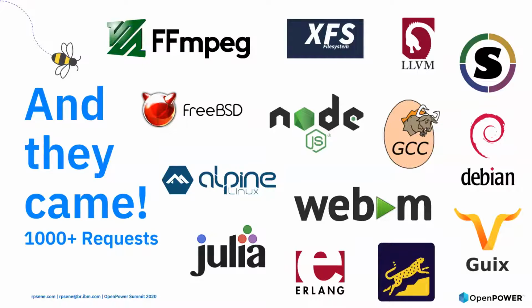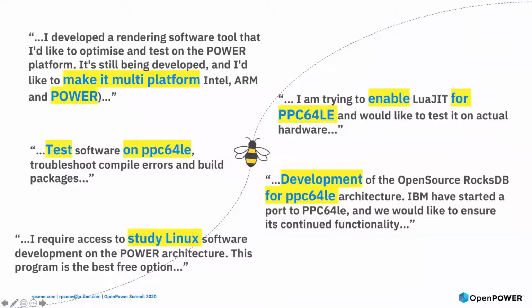People that request access to this Mini Cloud resource usually do one of these kinds of activities. They request access because they want to deploy or create software in a multi-platform or multi-architecture environment.